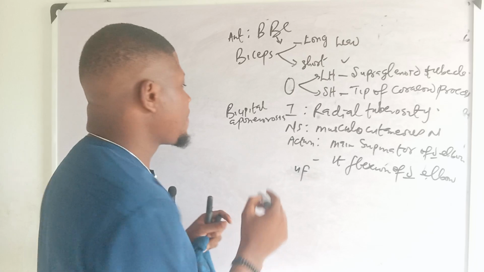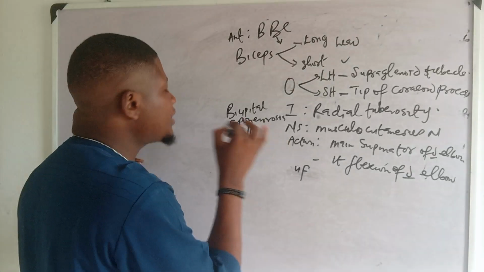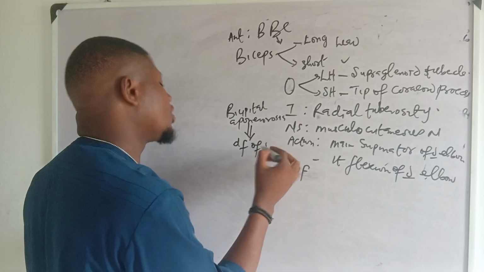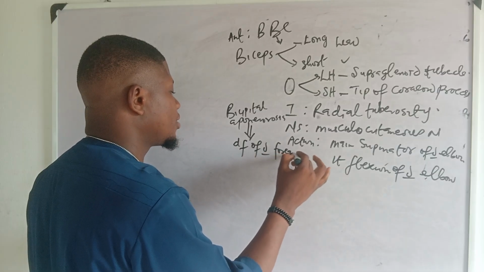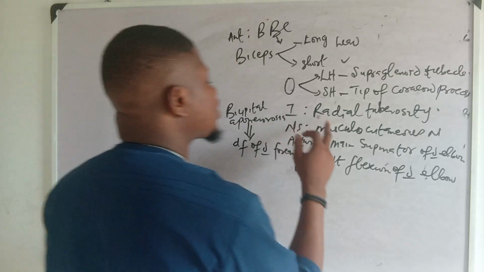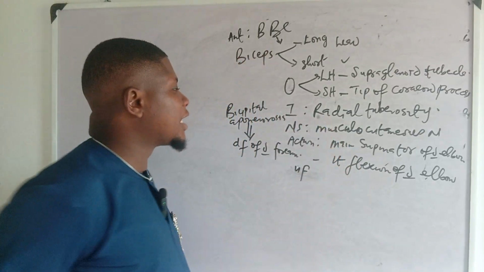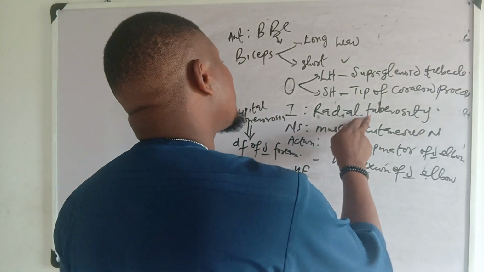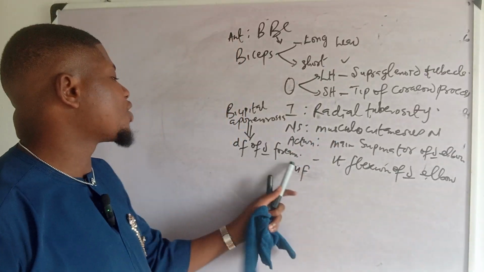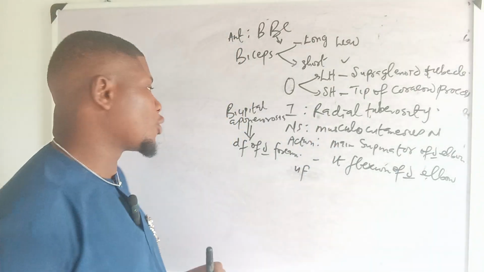This bicipital aponeurosis inserts at the deep fascia of the elbow or deep fascia of the forearm. So the two insertions of the biceps are to the radial tuberosity through the biceps tendon and to the deep fascia of the arm through the bicipital aponeurosis.